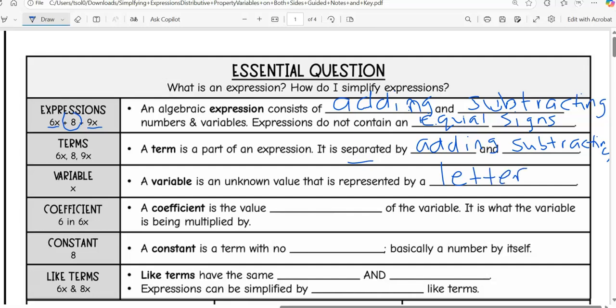Next is the coefficient. The coefficient is the number in front of the letter, the value in front of the variable. Remember, variable is letter; it's the same thing, variable and letter.